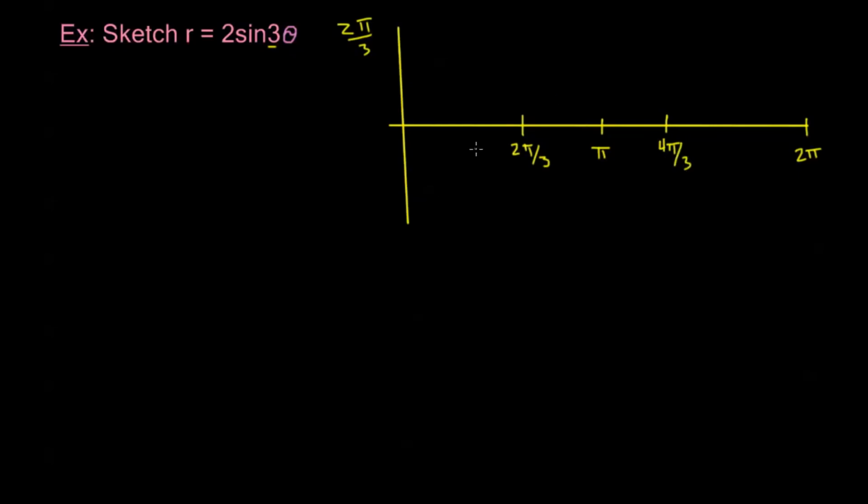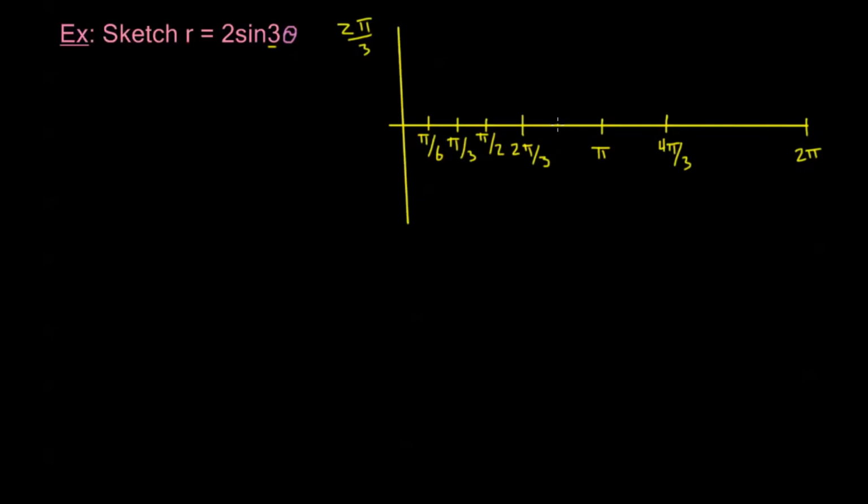So now I can cut this up a little bit more. Half of 2 pi over 3 is just pi over 3. Here I'll have pi over 6. So here, in between here, I'm going to have 3 pi over 6, which is actually just pi over 2. So that's my first period there.